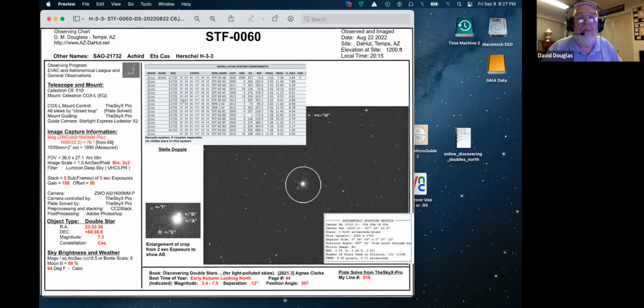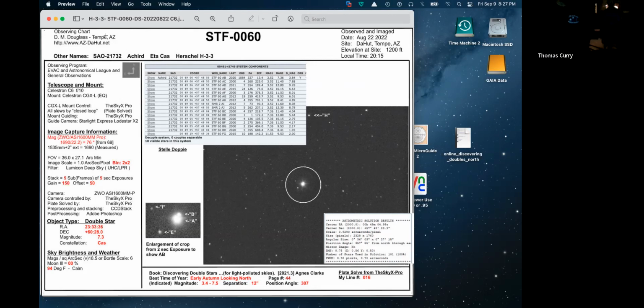The distance out to H, by the way, looks like a long way out, but it's 701 arc seconds. Divide that by 60, let's just call it 600, and that's 10 minutes out. So it's not that far out, really. It just is visually a long way out in the picture.